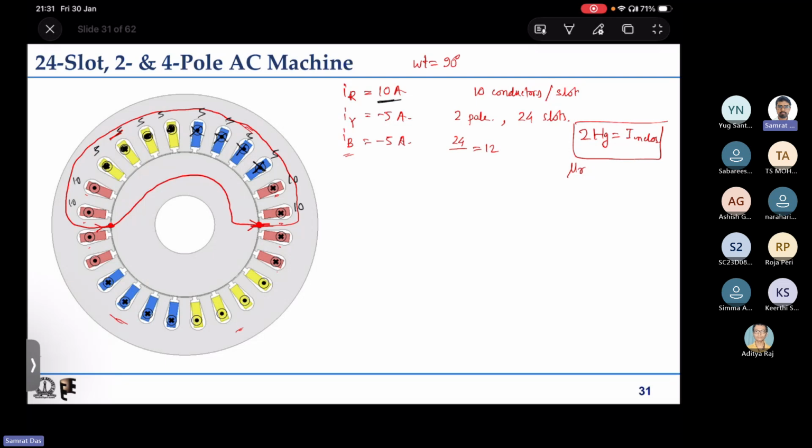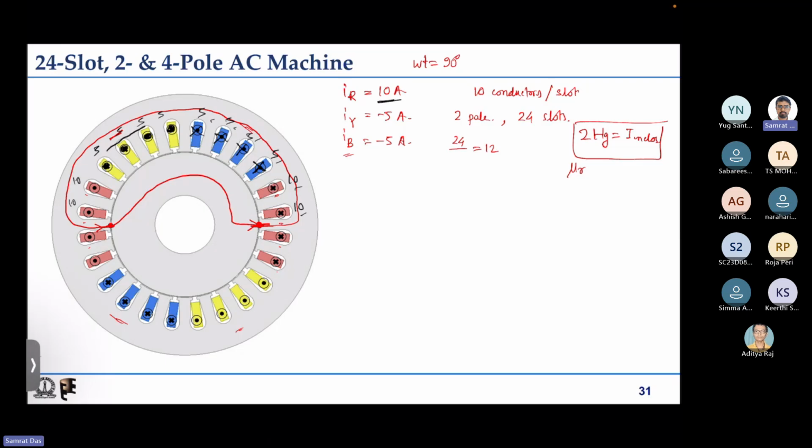Now if we consider cross polarity to be positive, then how much do we have? 10 plus 10, 20. Then again 4 cross, that is like a more 20. Then this 4 cross and this 4 dots will cancel each other.